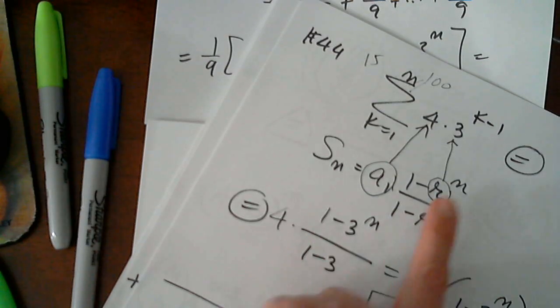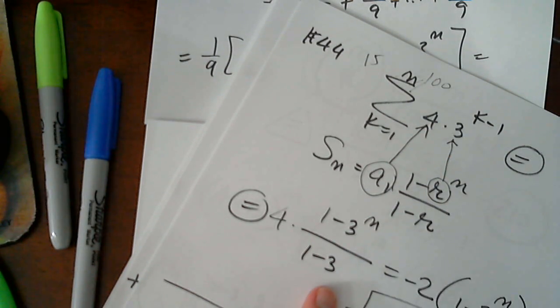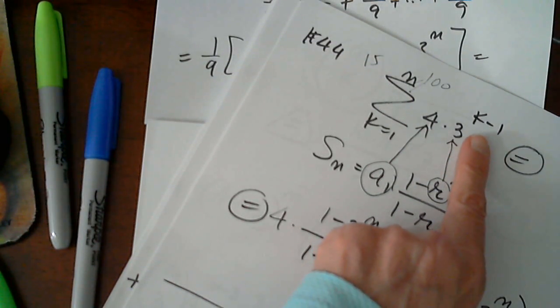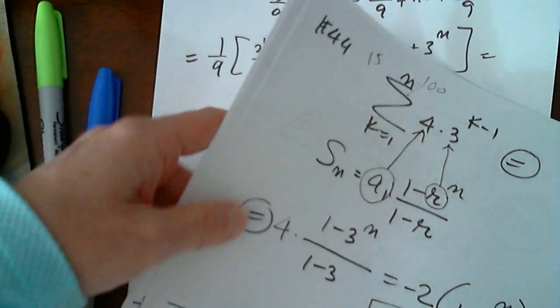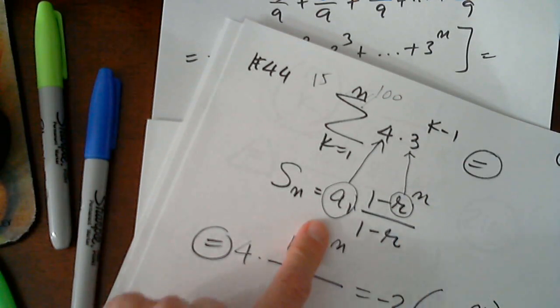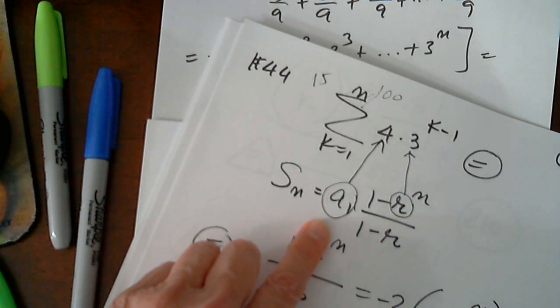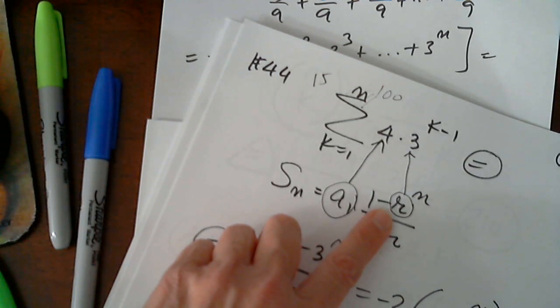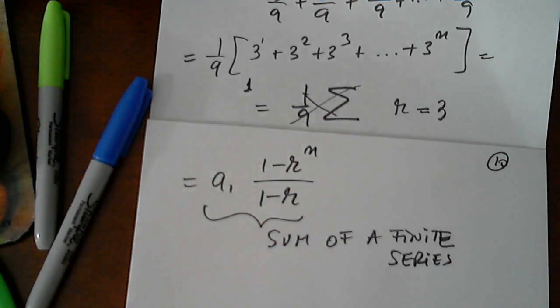Then we write 1 minus 3 to the nth power over 1 minus 3. But I do not have n minus 1 in our case. The formula works with a1 being 4 and 3 being the common ratio, but here I have n.